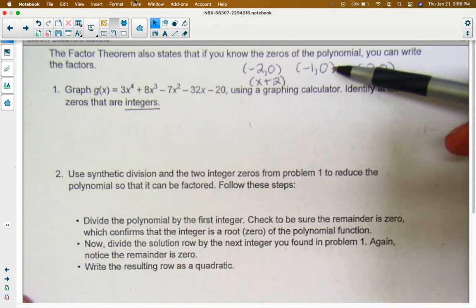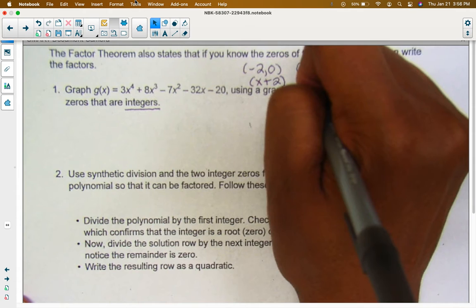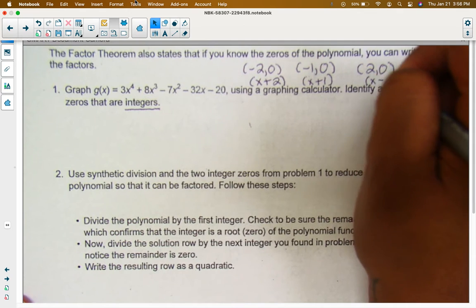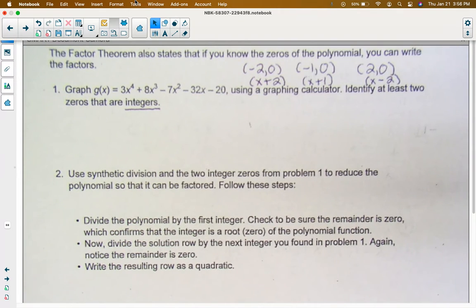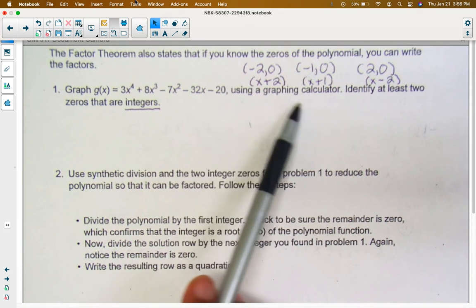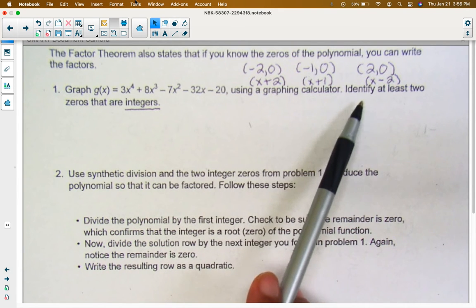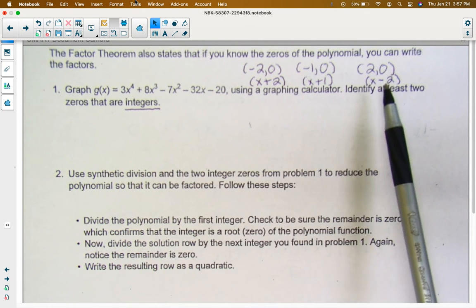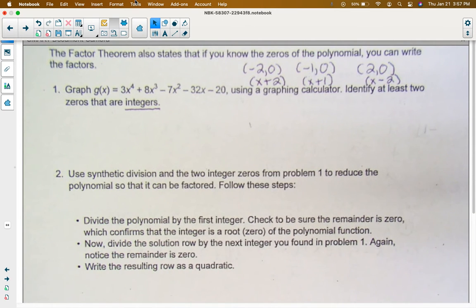This one is going to be x plus 1. And this one is going to be x minus 2. So that's all there is to number 1. We graphed it using Desmos or your own graphing calculator. Identify at least 2 zeros that are integers. I listed all 3 of them, but we only had to identify at least 2.